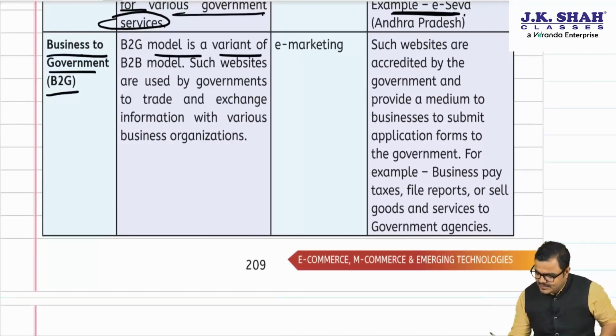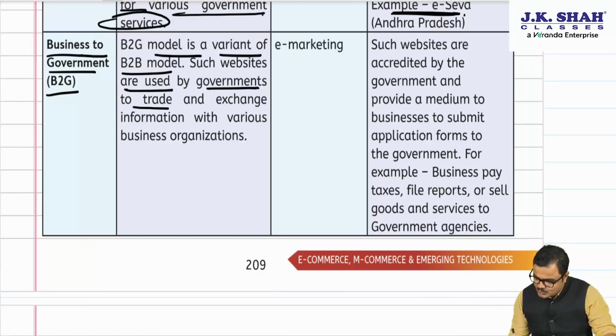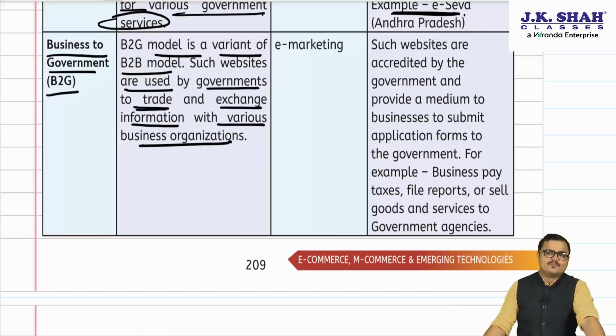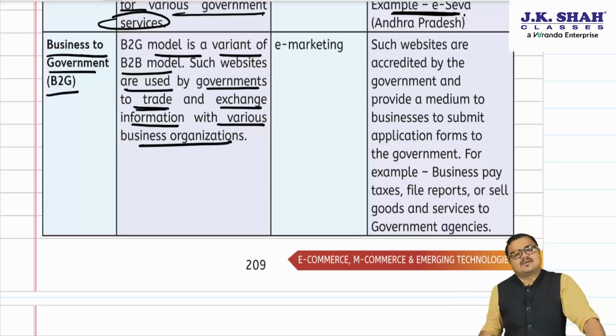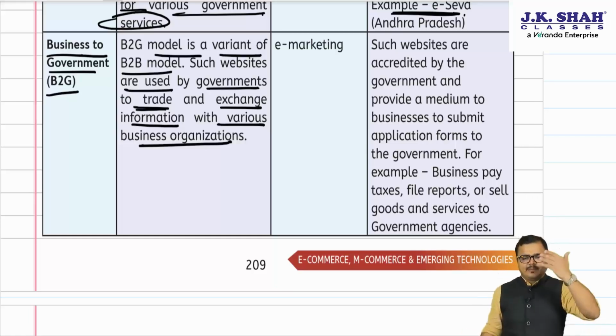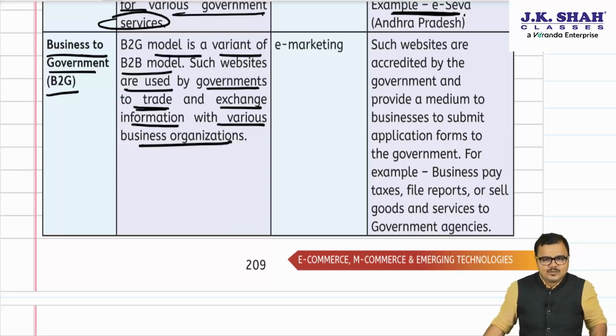The business to government model is a variant of the B2B model only. Such websites are used by governments to trade and exchange information with various business organizations. So government can easily exchange business ideas, and the products and services required by the government can be easily tracked or ordered by using the B2G model.